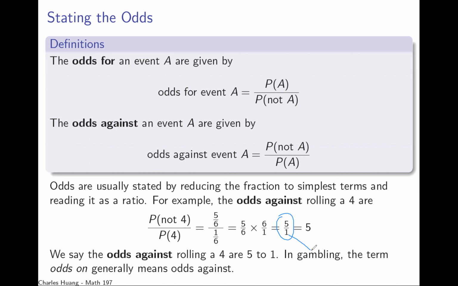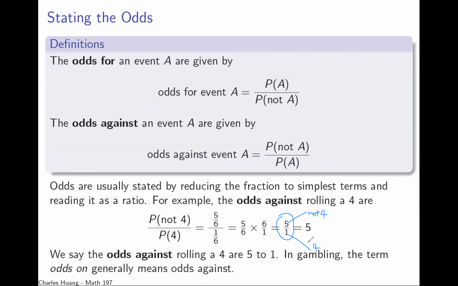One side is a 4, right? And the other 5 sides are not 4. So that's how we do odds. We're not doing the probability. We're just doing all the different outcomes that are either a 4 or not a 4, and we divide them. In this case, the answer is 5.